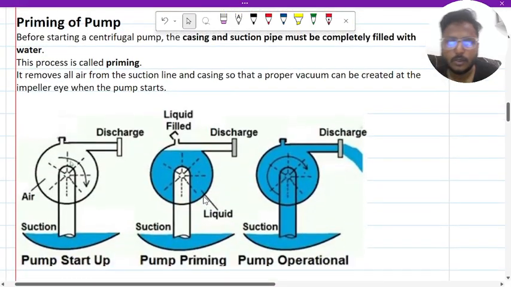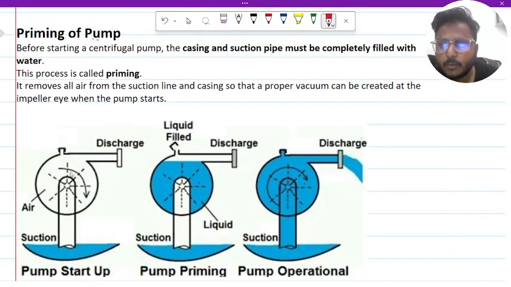Priming. Before we start a pump, we must do priming. Whenever we purchase a pump, we have to maintain the priming phenomenon. What is priming? At the start, there is air between the sump and the pump.